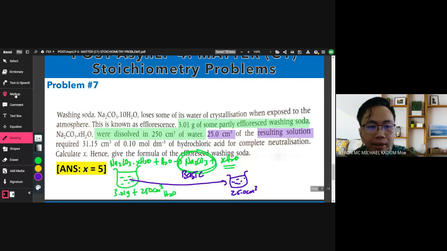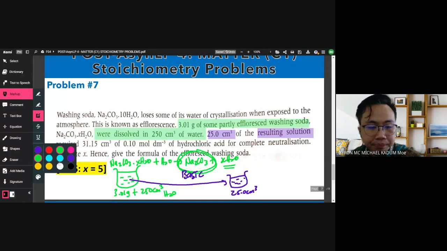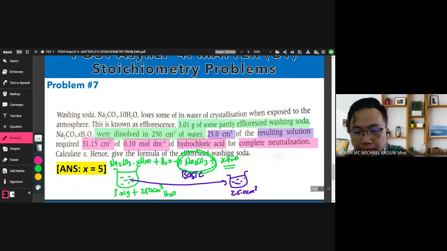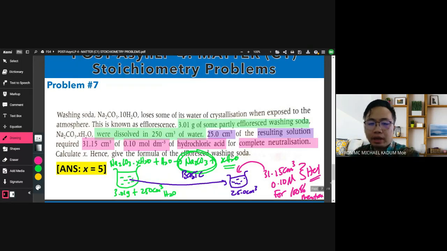And the question says over here, you need 31.15 centimeter cubed of this concentration of hydrochloric acid to achieve complete neutralization. Okay, so the problem now is the concept of neutralization, which we have not learned yet.